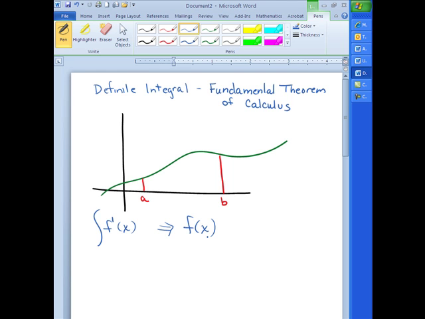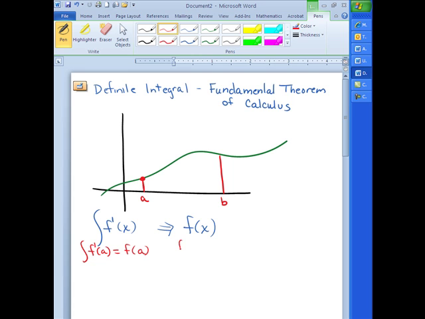If I take this curve, which would represent a derivative function, and integrate it, then when I find f of a, or I find the integral of f prime of a, those would be the same exact thing. What I'm really doing is finding the height of that bar.